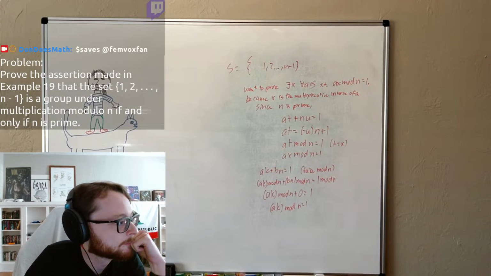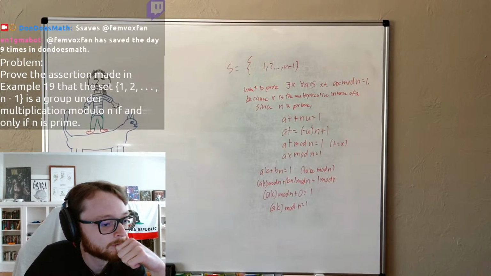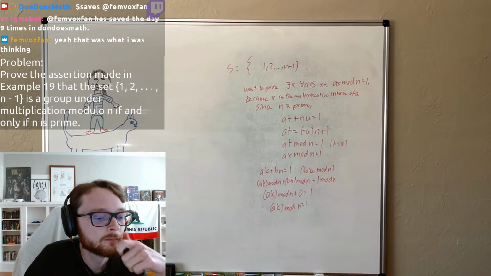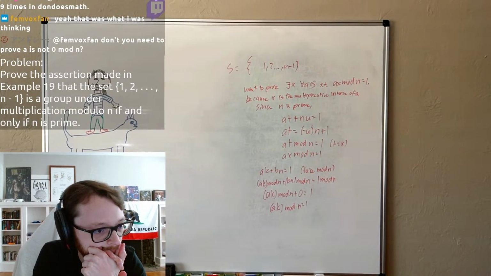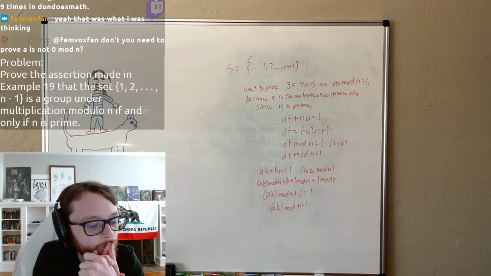So you're thinking, okay. Do you need to prove A is not 0 mod n? Does this not take care of it?